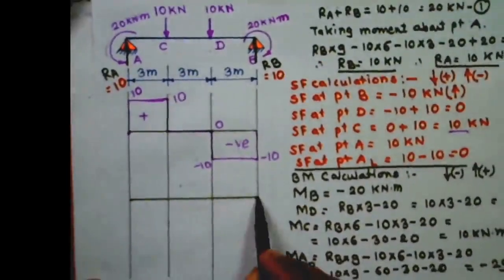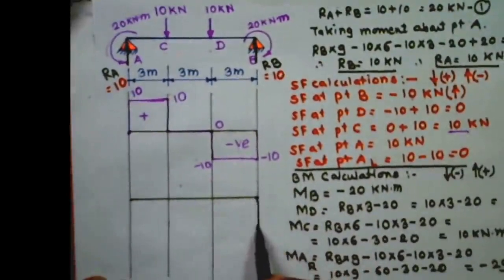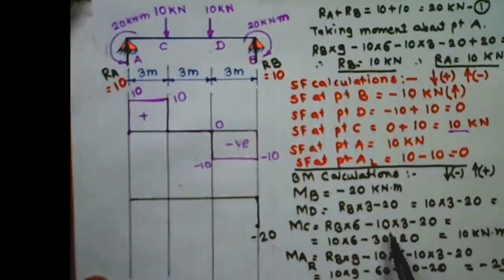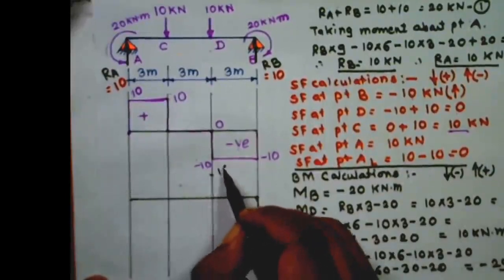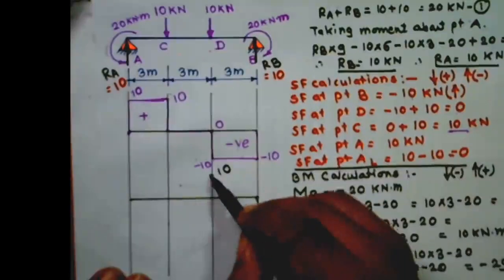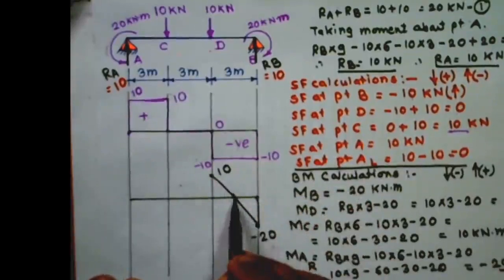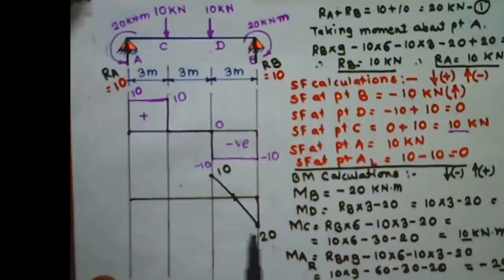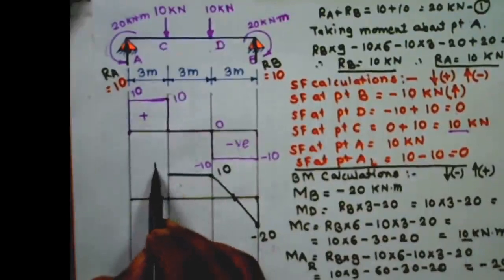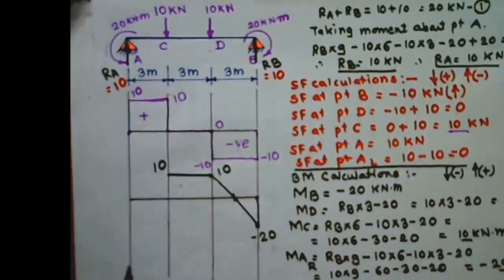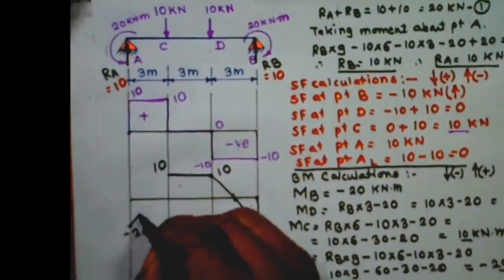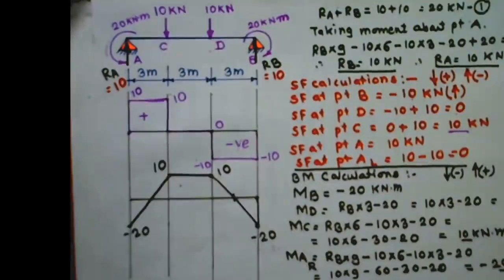At point B, the moment is 20 minus 20. At point D, the moment is plus 10. So in that case it crosses, or changes, its sign convention. At point C, the moment is again 10, which means there is a horizontal line. At point A, on the right hand side, it is again 20 minus 20, again crossing the baseline.